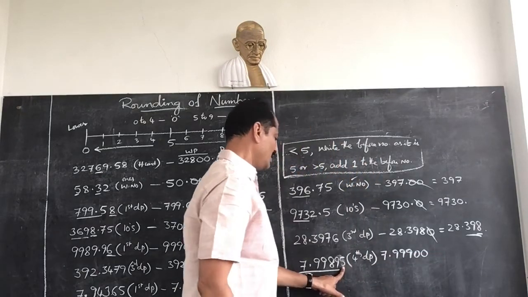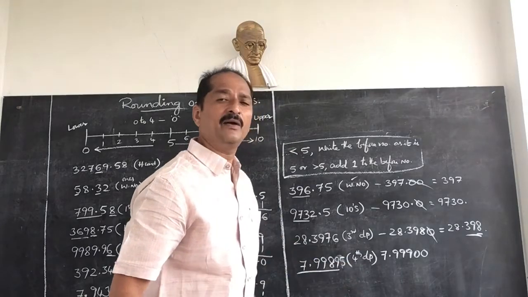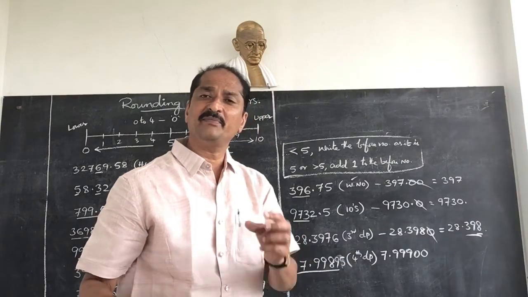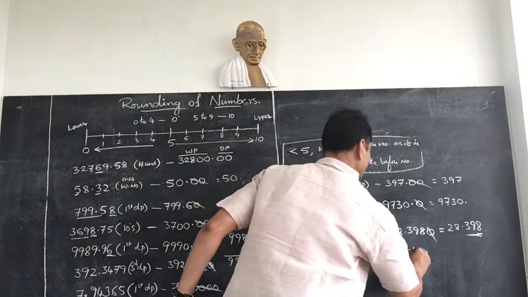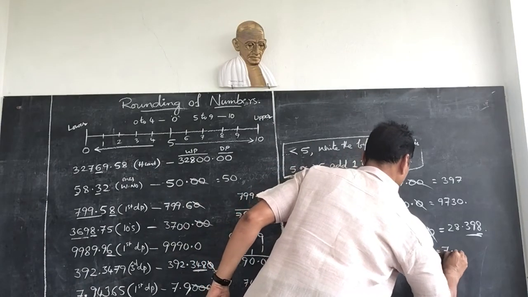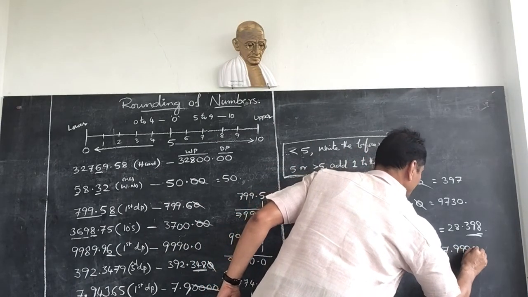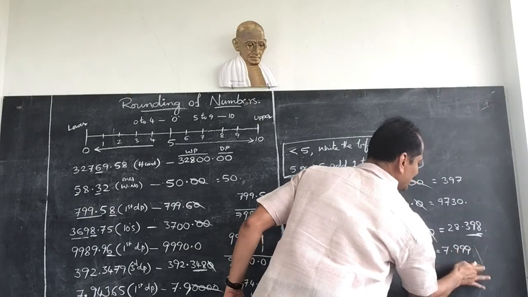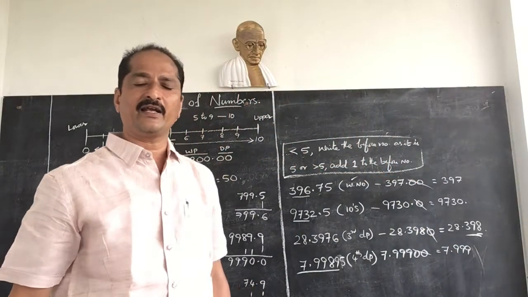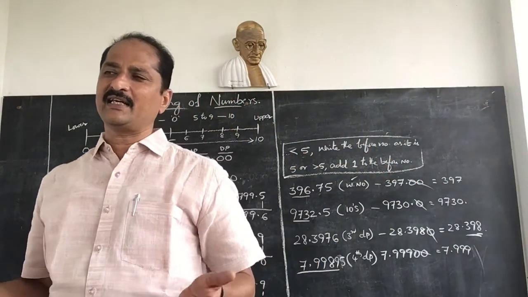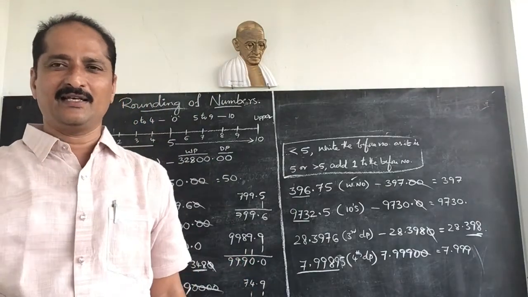Okay? So he is asking for fourth decimal, but unfortunately it became the third decimal. 3 decimals came. So fourth decimal place can also be written as 7.9990. This zero also has no value, so 7.999. So fourth decimal place or third decimal place, it has become the same.